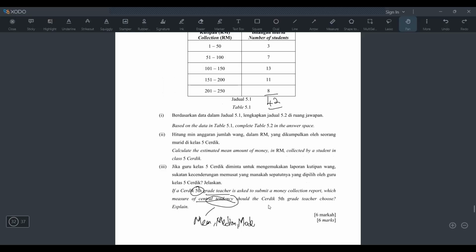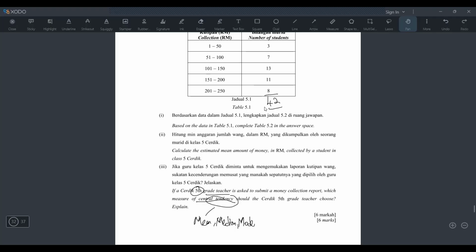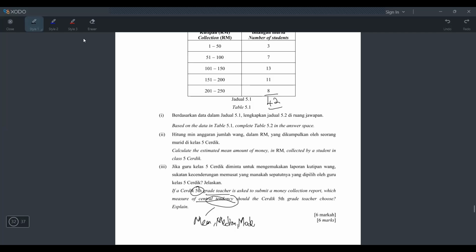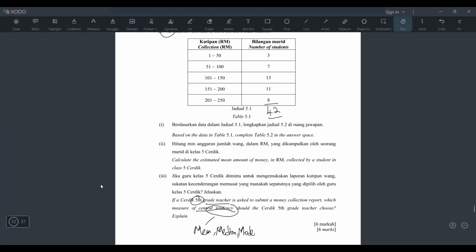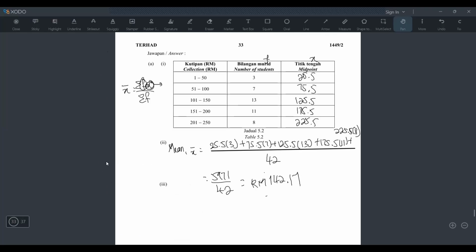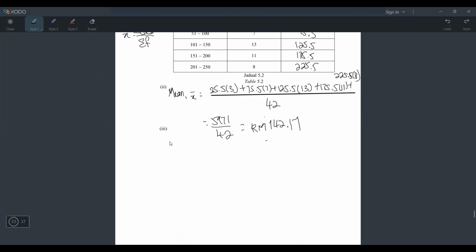Mean is used to calculate. Because when we use mean, we use all our data, right? And if you look at this, there's not really any outlier. There's no outlier, so using mean is good. So I'll write mean. So third question, mean is the suitable one.